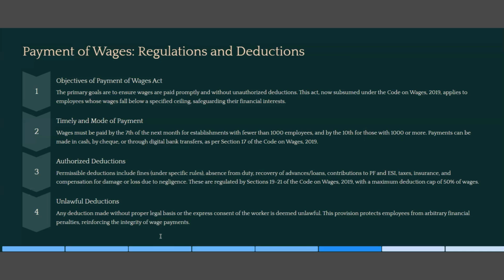These are regulated by Sections 19 to 21 of the Code on Wages 2019, with maximum deduction up to 50% of the wages. Now coming to unlawful deduction. Any deduction made without proper legal basis or express consent of the worker is deemed unlawful. This provision protects employees from arbitrary financial penalties, reinforcing the integrity of wage payments.